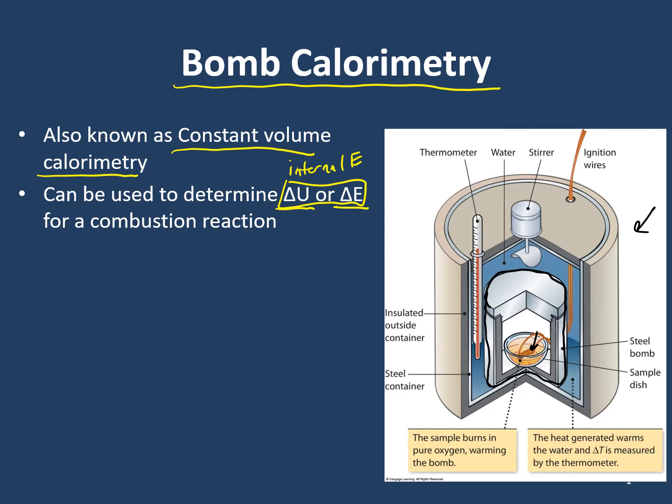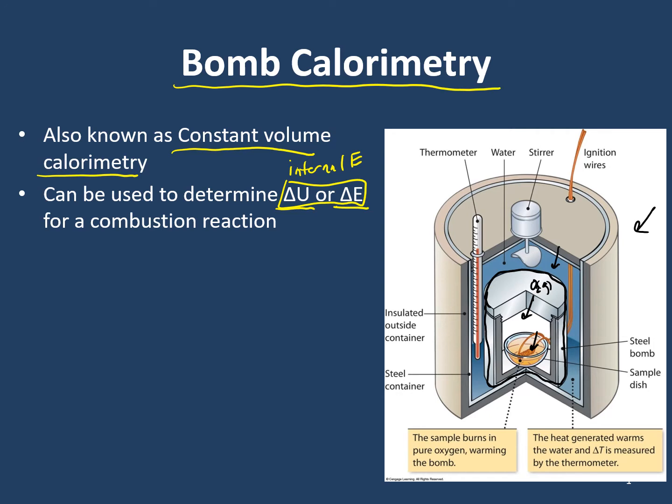It ignites it. What we also do is we pack this container filled with O2 gas, which is flammable, right? And when that ignition wire goes through, the substance will react with the oxygen to form carbon dioxide and water, just like pretty much every combustion reaction does. And we can measure how much heat occurs because we fill the rest of the container up, this blue space, with water.